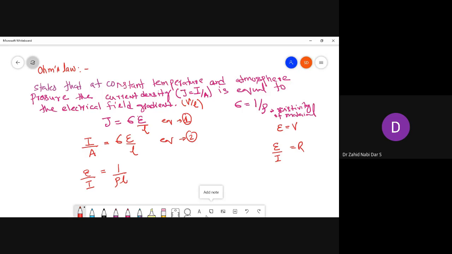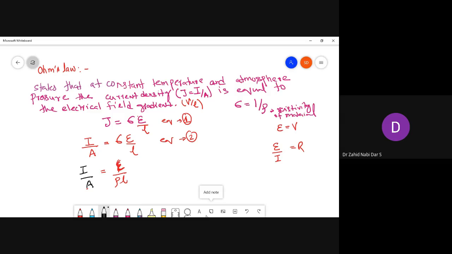This will become 1 by rho L into E, and this becomes, sorry, I by A.